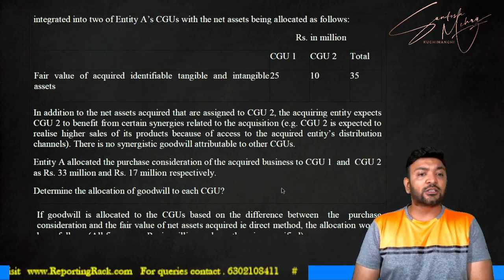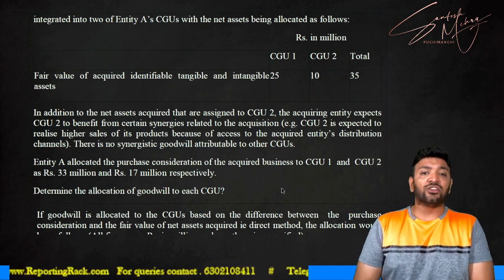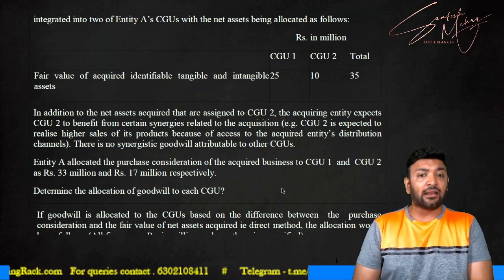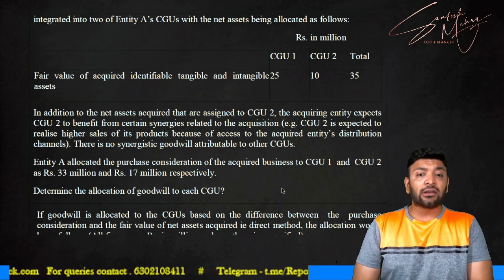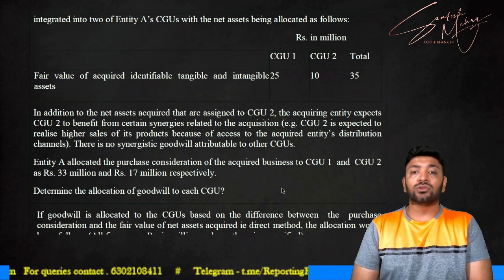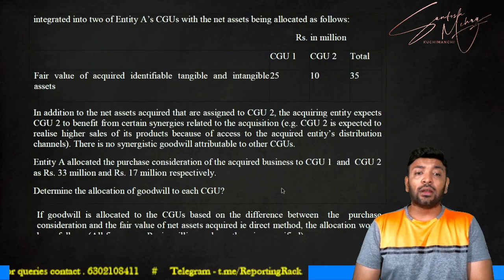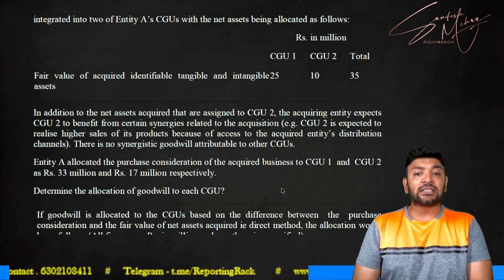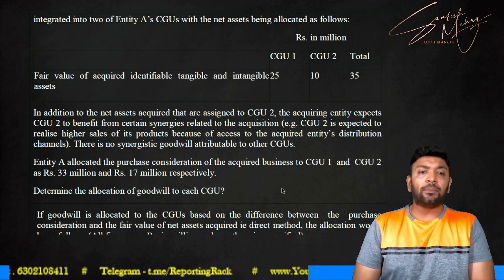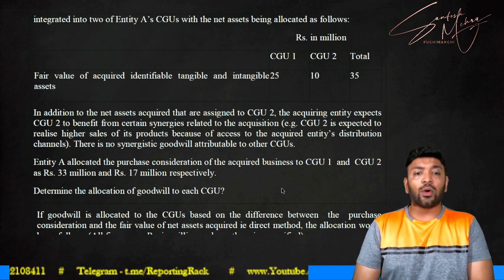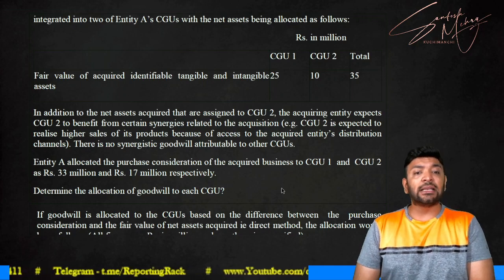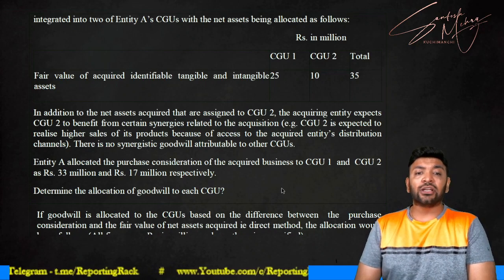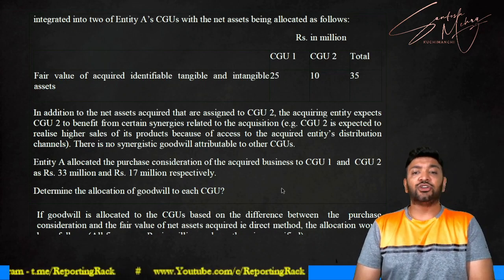CGU2 is expected to realize higher sales because of access to the acquired entity's distribution channel. There is no synergistic goodwill allocated to other CGUs, so the entire goodwill should be allocated only to CGU2. Entity A allocated the purchase consideration of the acquired business to CGU1 and CGU2 as 33 million and 17 million respectively. Determine the allocation of goodwill to each CGU.